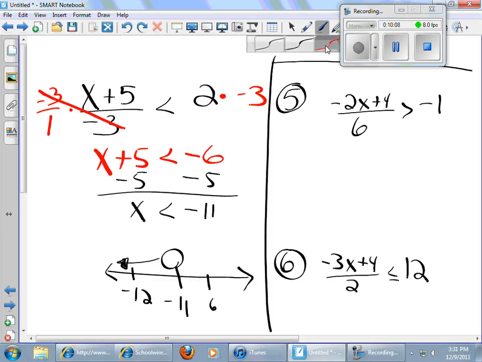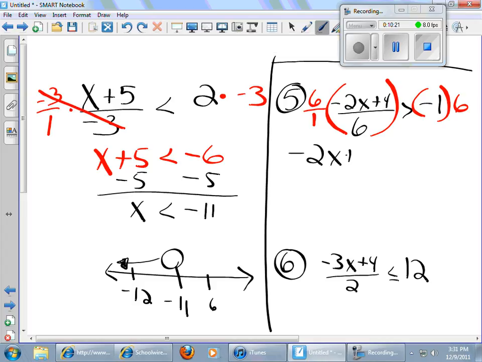All right. If you're unpausing, I'm assuming you're ready to see what I'm going to do. I'm going to multiply each side by 6. When I do that, I will end up with negative 2x plus 4 greater than negative 6. Oops, I should show that step. Sorry.